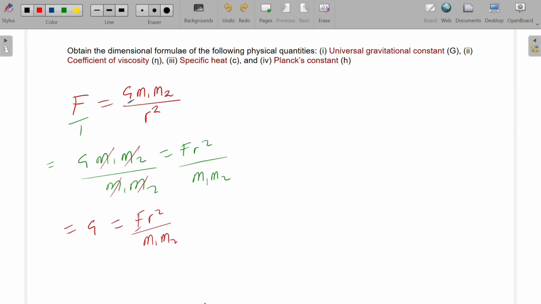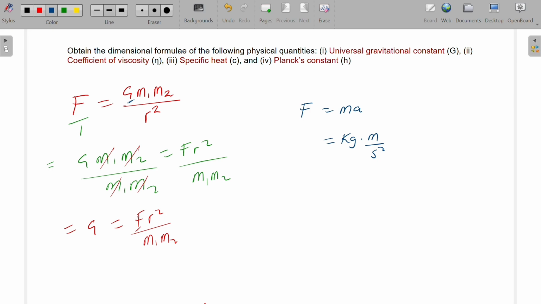Let's start with force. Force, from Newton's second law of motion, is given by ma, where m is mass and a is acceleration. The units for mass are kgs, and the units for acceleration are meters per second squared.